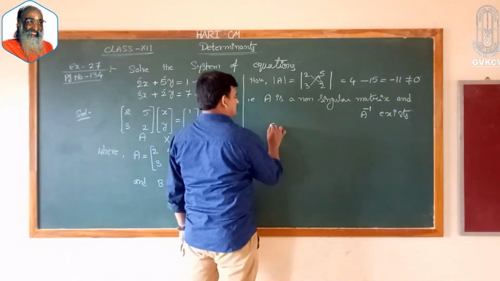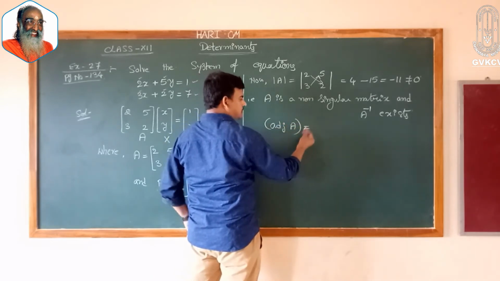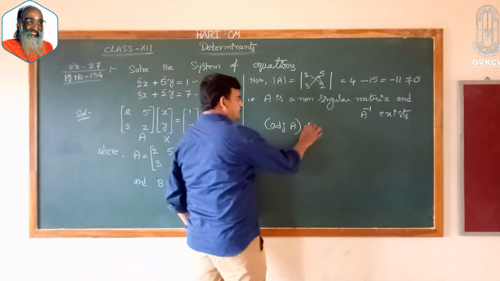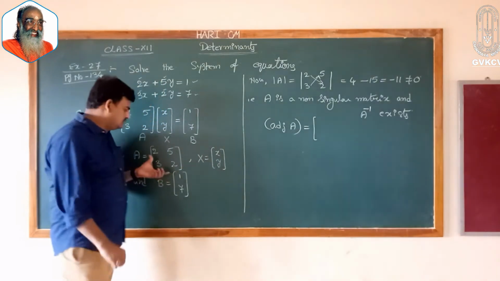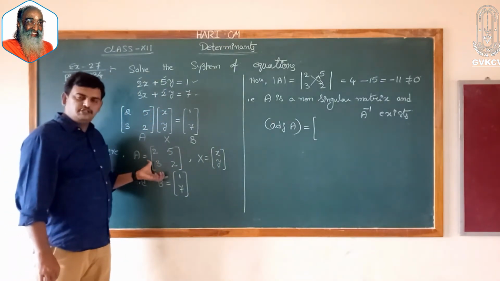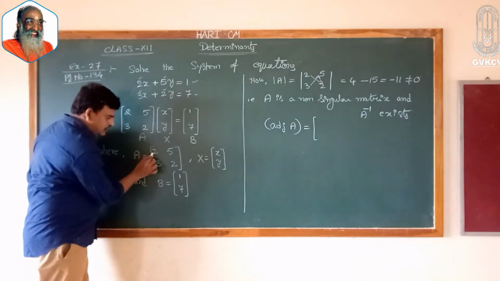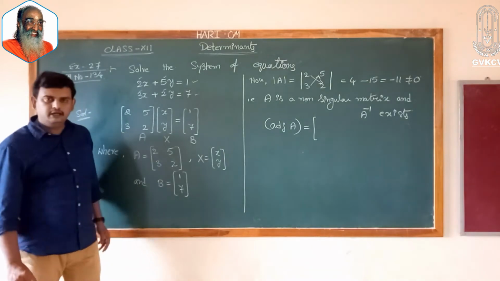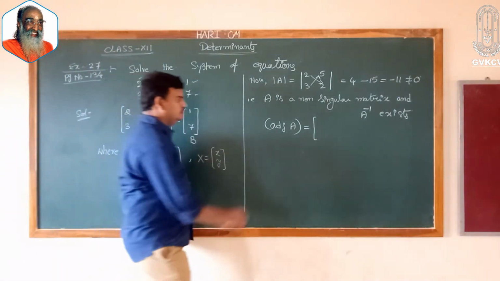When A inverse exists, we need to find A inverse. To find A inverse, first I require the adjoint of A. As I told you, for the matrix A, the principal diagonal elements have to be interchanged.